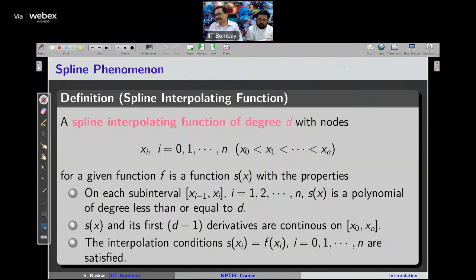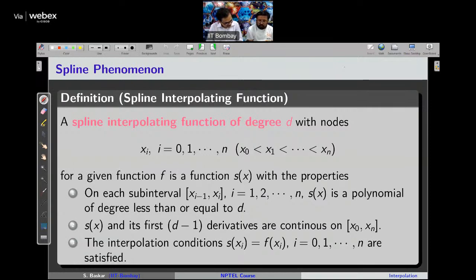And from the data, the value of this spline at x equal to 0 should be 0.25. So that will tell you what D is.